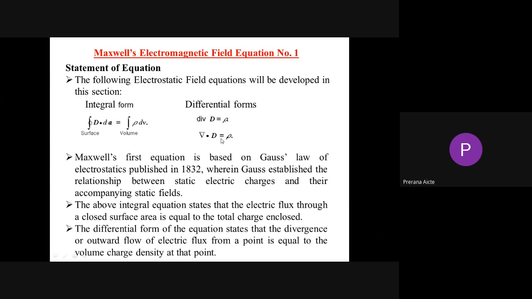The differential form of the equation states that the divergence or outward flow of electric flux from a point is equal to the volume charge density at that point. This rho is nothing but the volume charge density.